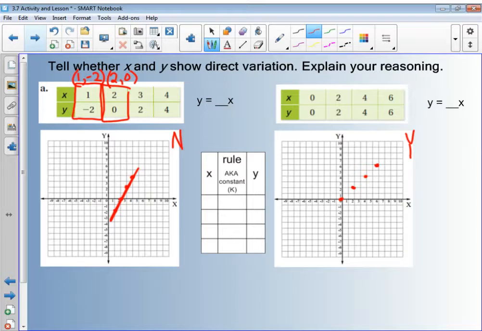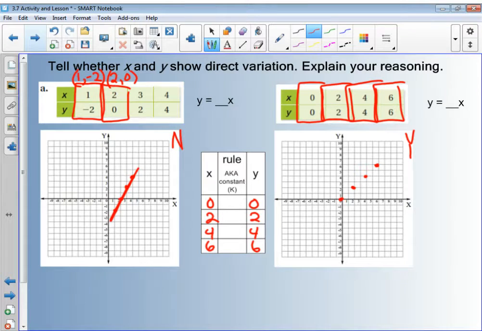To figure out what our constant is, I'm just going to show you one way you can solve for it. We'll plug these in: our x is 0, our y is 0; 2, 2; 4, 4; and 6, 6.